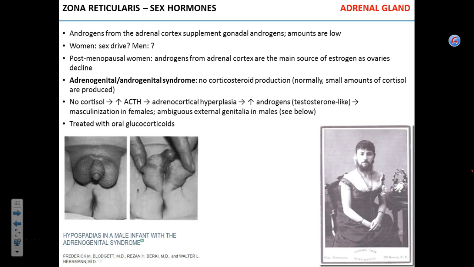And actually, well, think about this. In males, levels of testosterone stay fairly elevated through the entire lifetime. Men do not experience an abrupt drop in the levels of gonadal hormones. Okay, so we don't need that supplement.